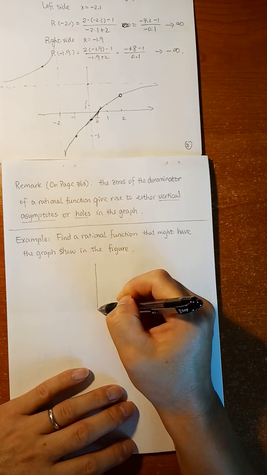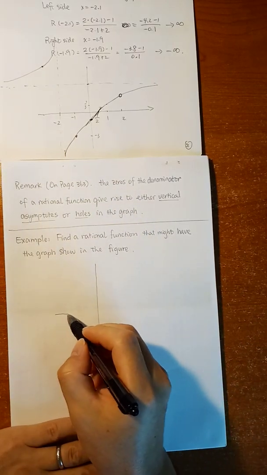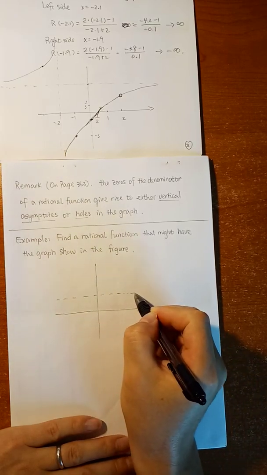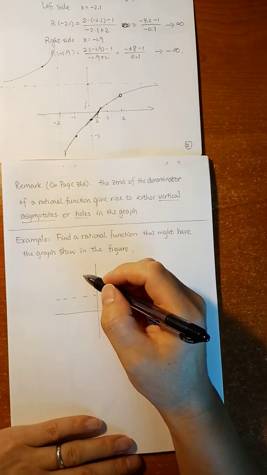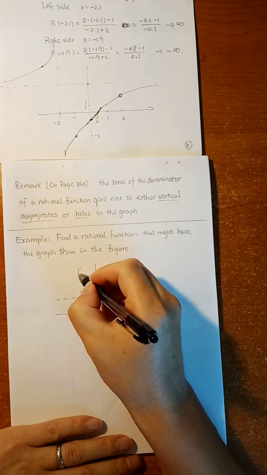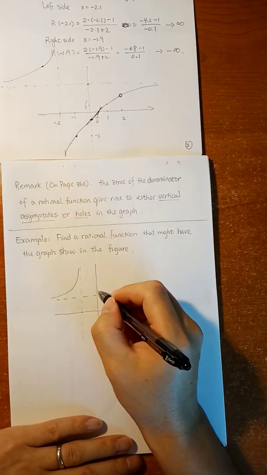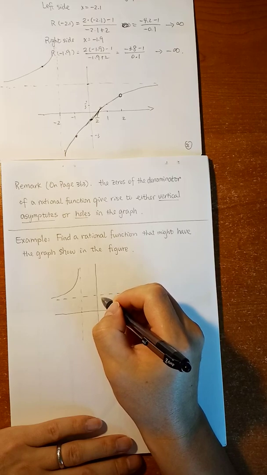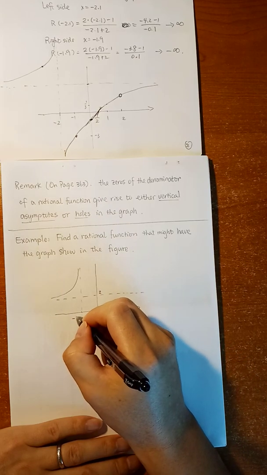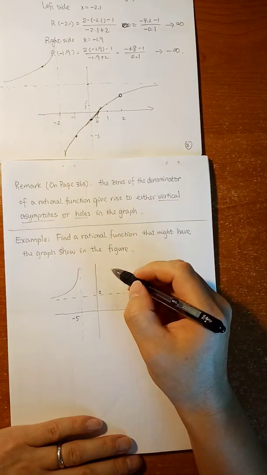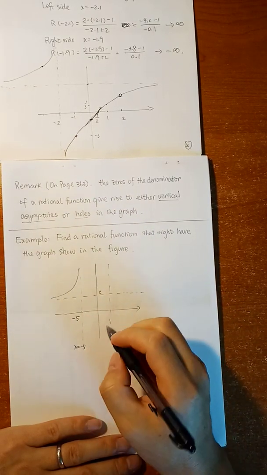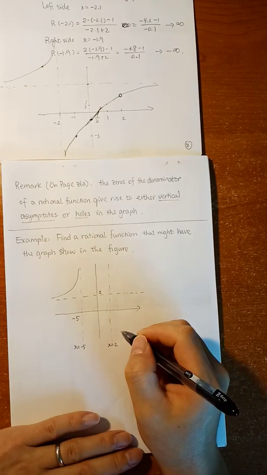Okay, let me mark the graph. This is 2. This is -5. X equal to -5, vertical asymptote. X equal to 2, another vertical asymptote.